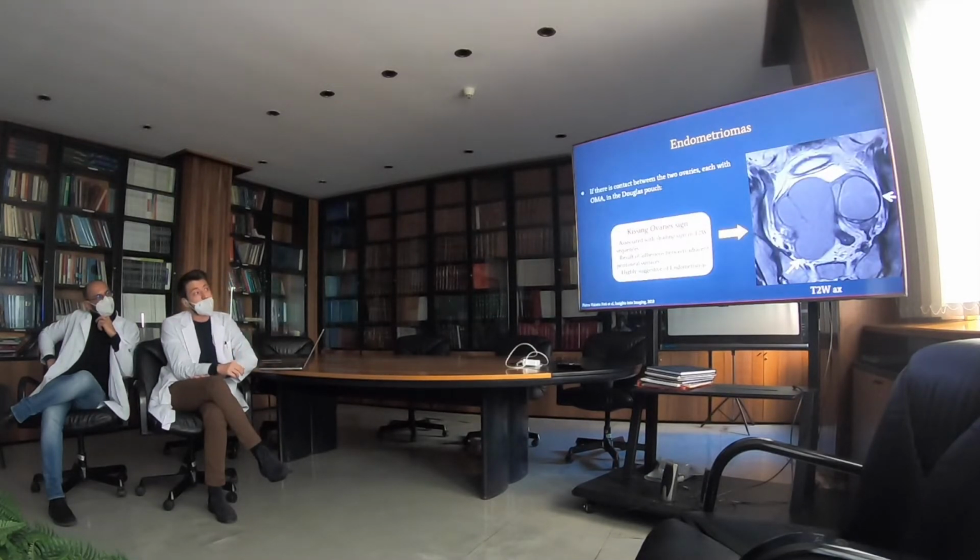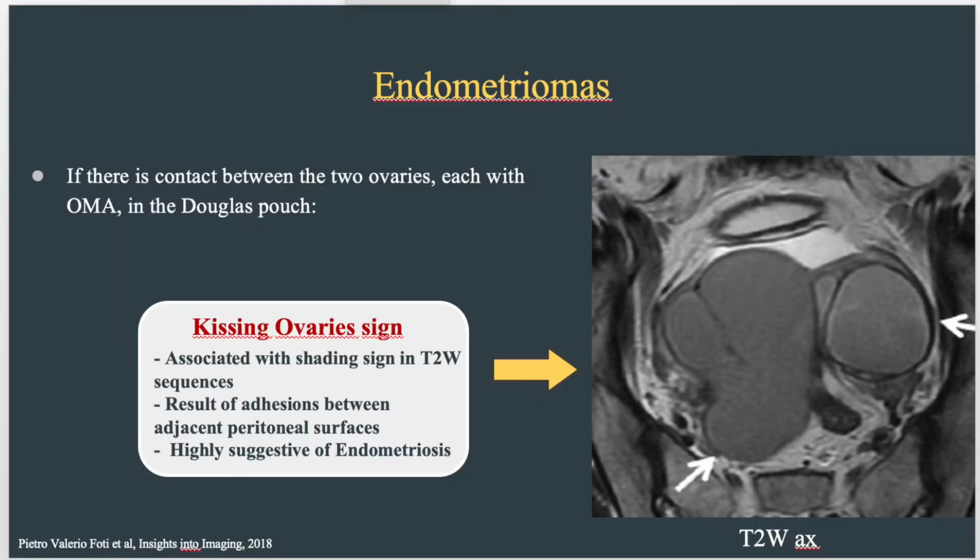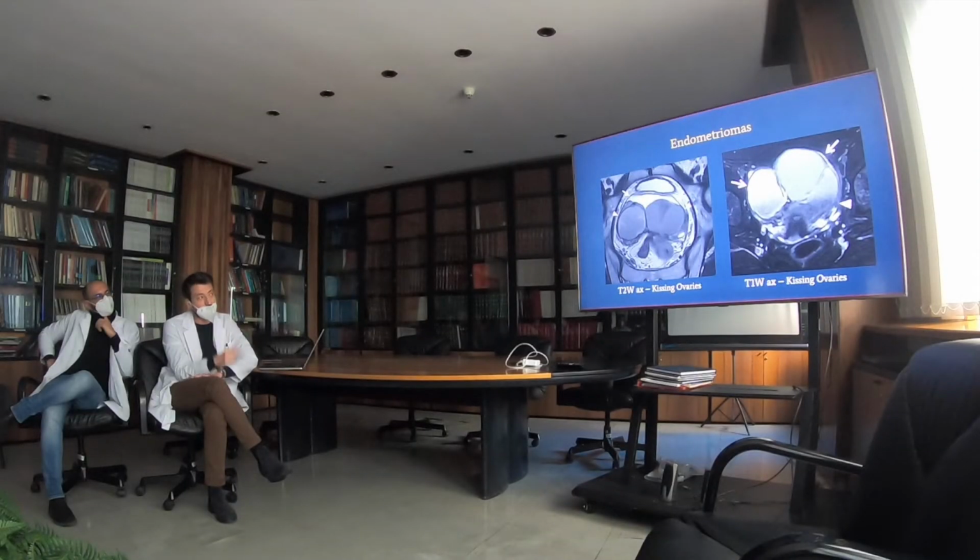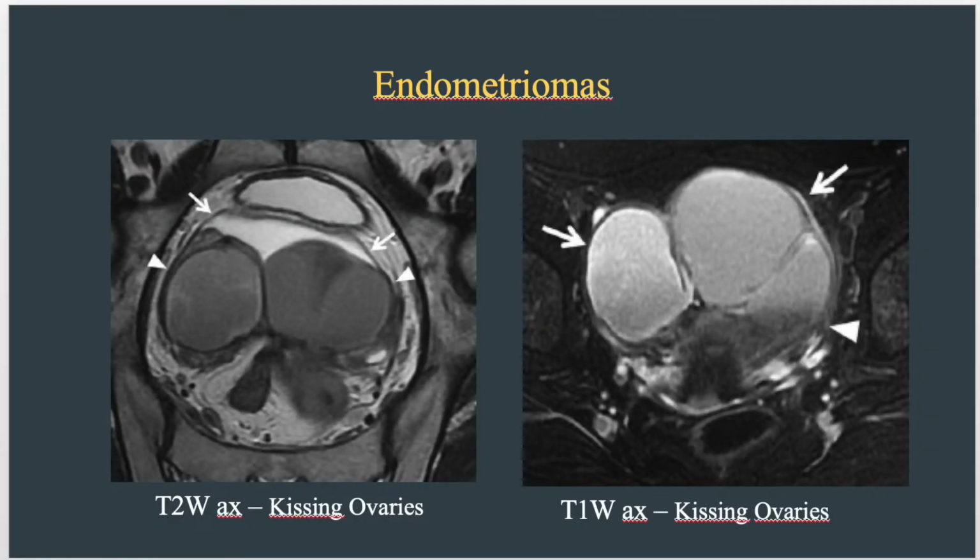Another common sign is the kissing ovary sign, resulting from adhesion between two endometriomas on the two ovaries bilaterally, and it is highly suggestive of endometriomas. Here we can see a case of two endometriomas with a loculated effusion anteriorly to the two endometriomas.